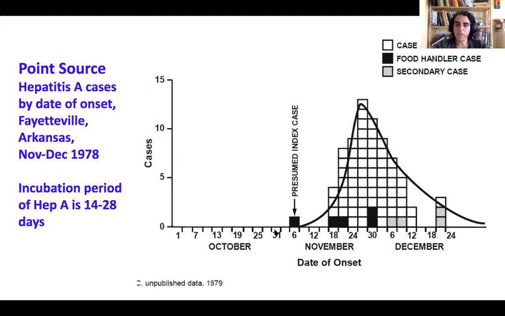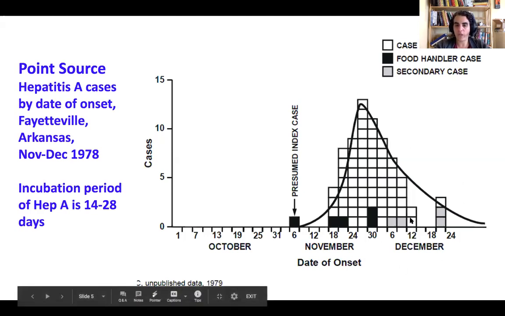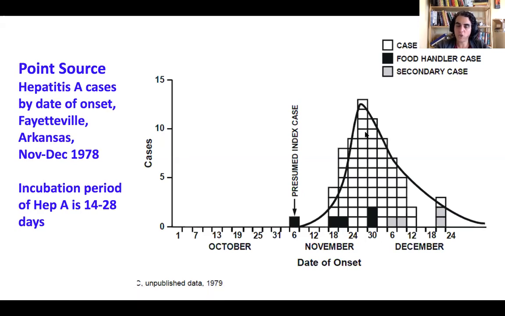So what happened here is they believe there's this one case who was a food handler at a restaurant who presumably wasn't maintaining good hygiene, wasn't washing his hands well. And then we saw this large number of cases. And the assumption is that all or almost all of these cases were infected by this one person because the incubation period is so long.